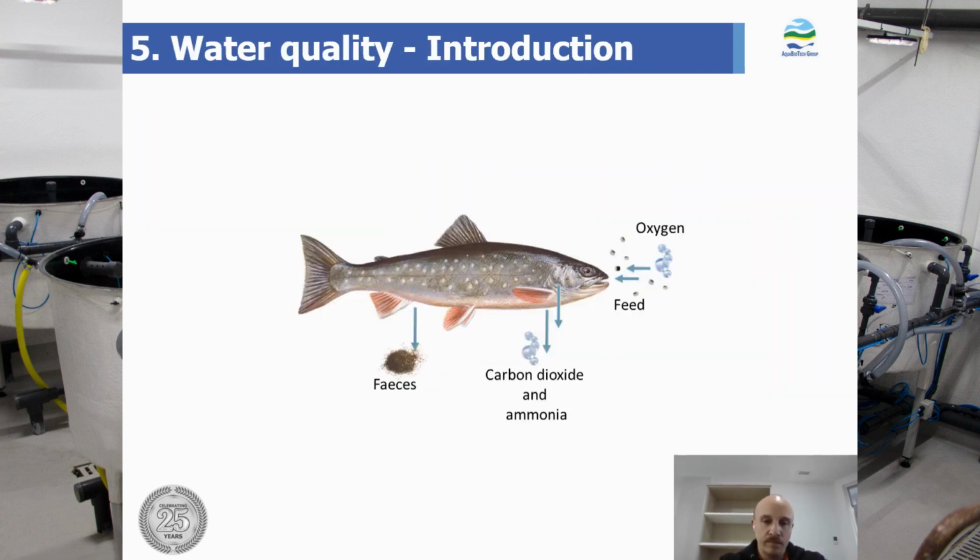Now, I will go through another part of this presentation, briefly mentioning some of the important parameters of the water quality. However, you will have a better and longer explanation in one of the other presentations from my colleagues.